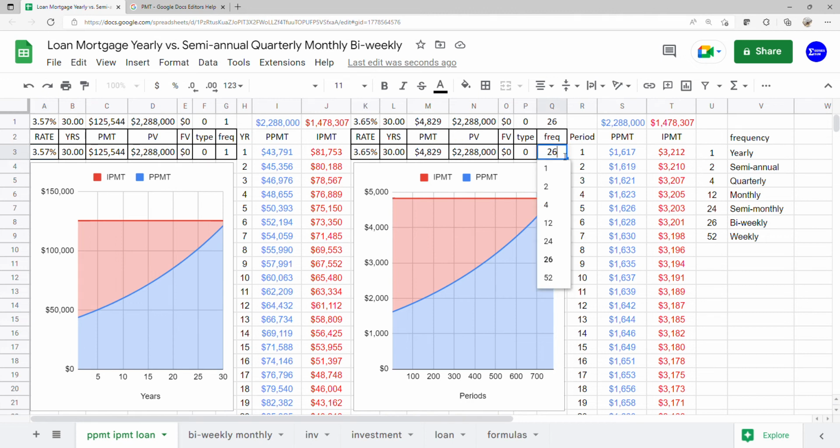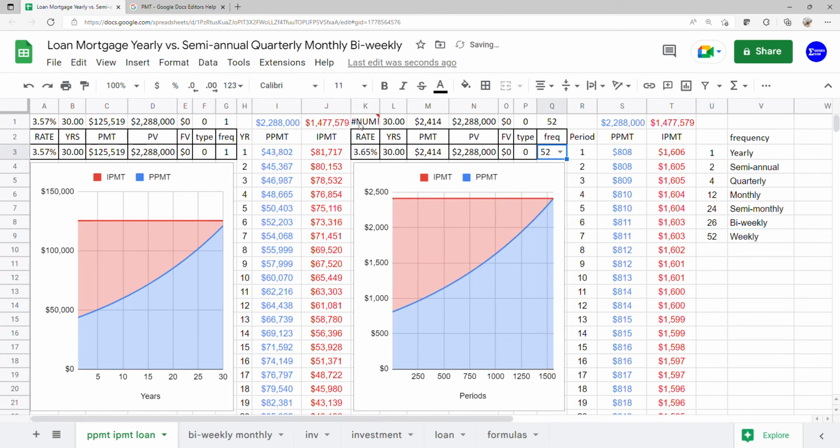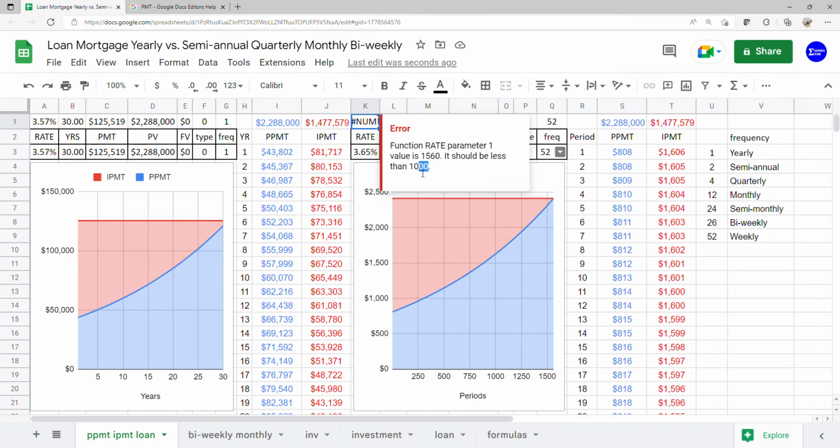We go to weekly payment. This is 52 weeks in a year, so a weekly payment. There's a limit for the rate function. It is only up to 1,560 rows. But this spreadsheet is limited to 1,000 rows. So we have an error.